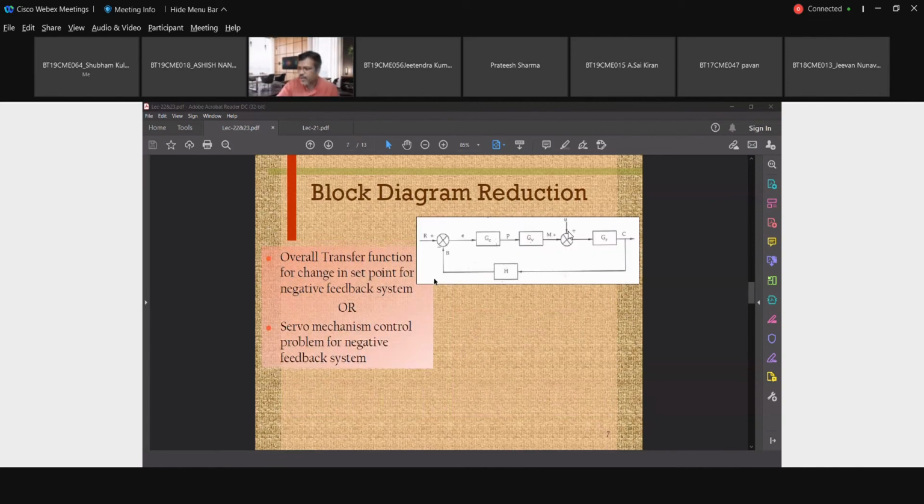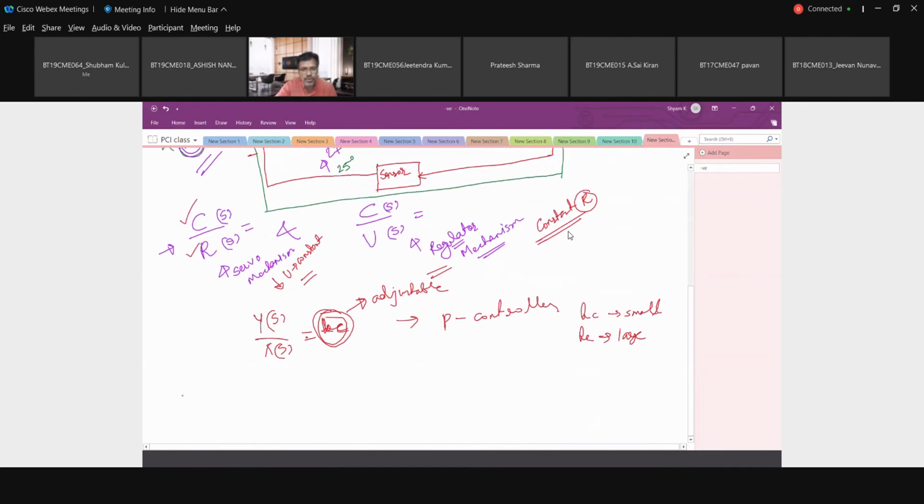हाँ. Now what we will, our aim is to develop, ये क्वेश्चन पूछा जा सकता है, develop overall transfer function for change in set point for negative feedback system. क्वेश्चन क्या हो सकता है? This is the question, nothing but that. Develop overall transfer function for change in set point. ठीक है?